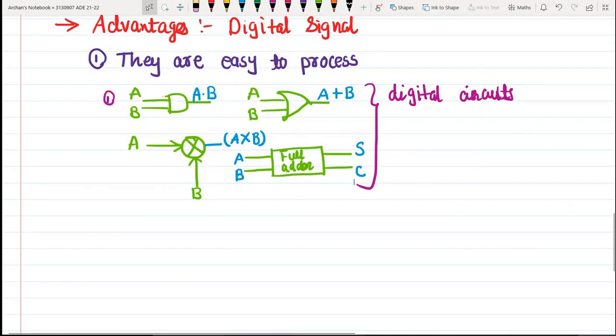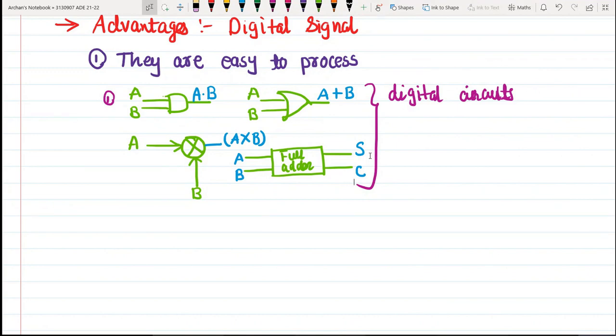So these are the circuits we are going to use in digital circuits, and you can see they are very easy to process. Nothing you need to do: just take one logic gate, apply two inputs A and B, and the corresponding outputs will be achieved. So these digital signals are very easy to process.